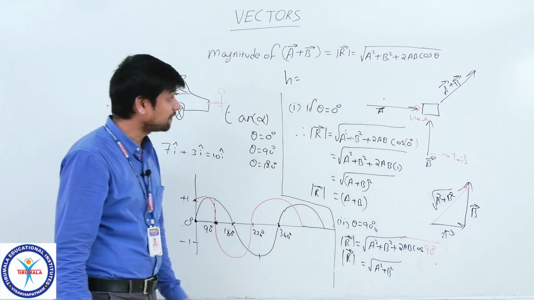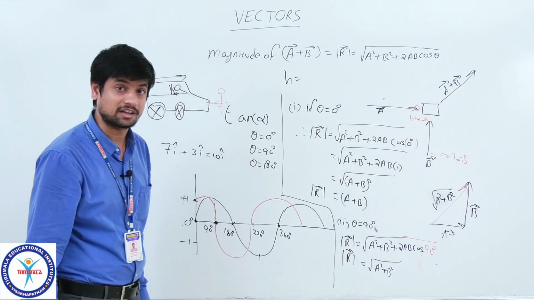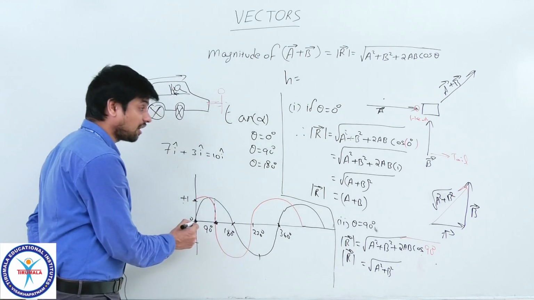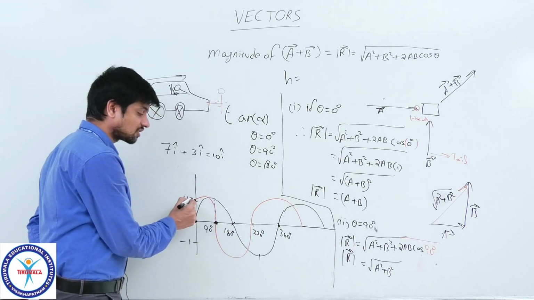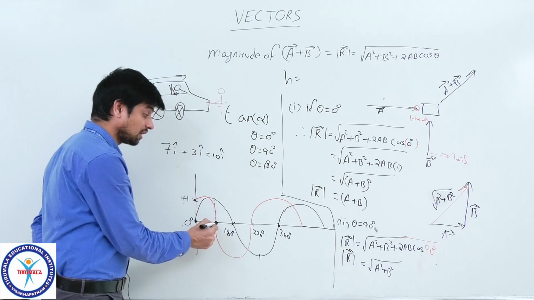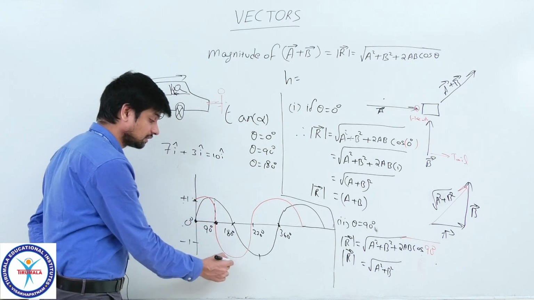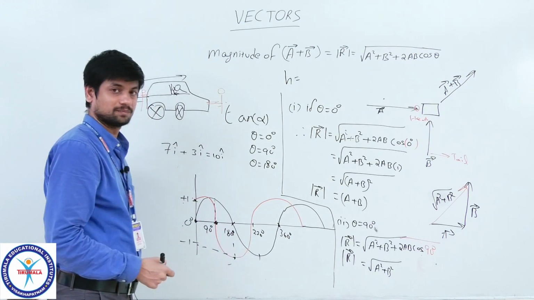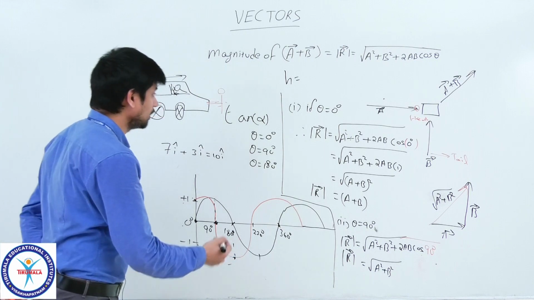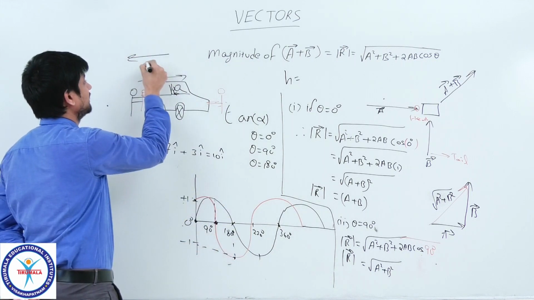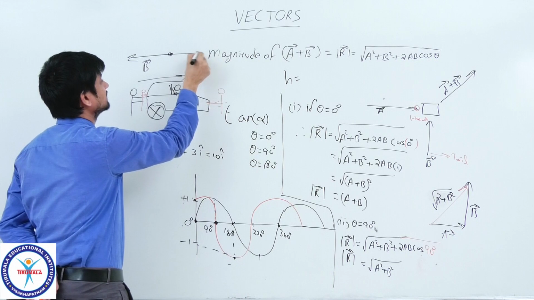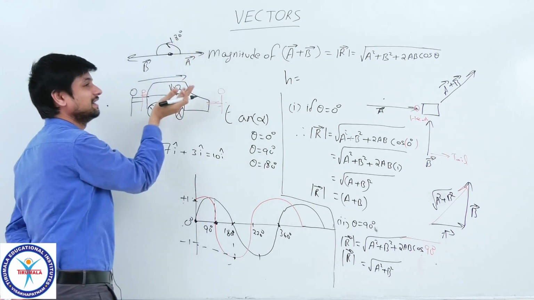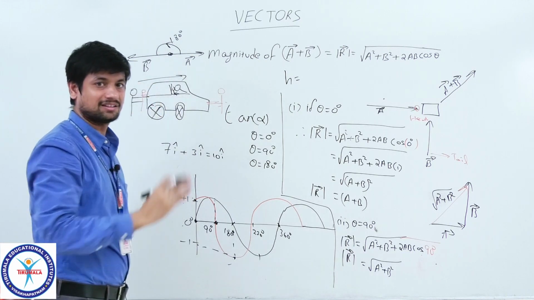If theta value is 180, can you calculate, children? Theta value 180, what will happen? Cos 0 is 1, cos 90 is 0, cos 180 here, what is this value? Minus 1. Minus 1 means how those vectors are? This side B, this side A. The angle between them 180. Always take anti-clockwise, and that too smallest.